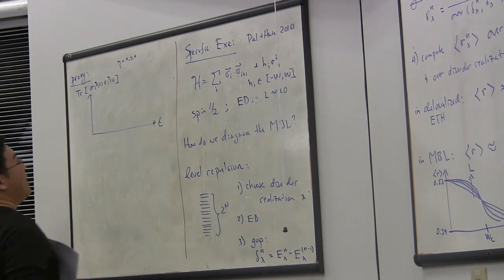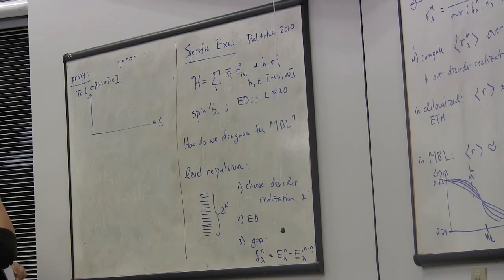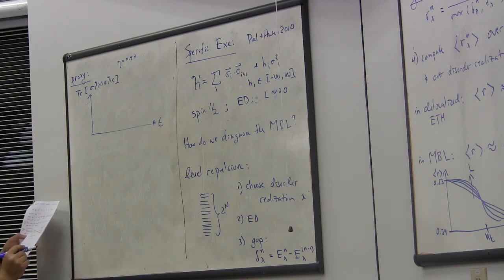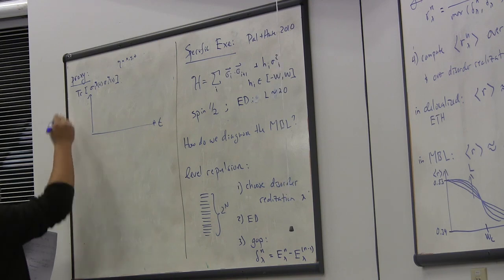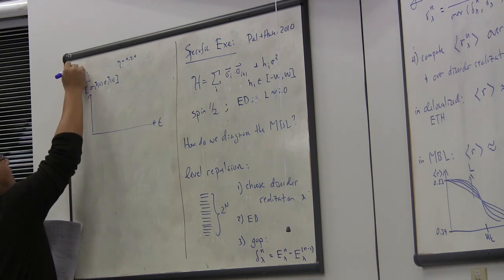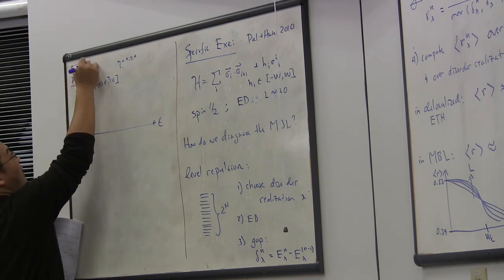Okay. So, what we'd like to look at is this particular autocorrelation function, and understand its behavior as a function of time. Let's start with case 1, the ETH case.